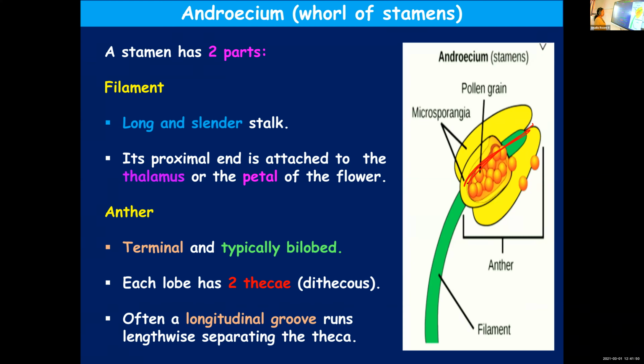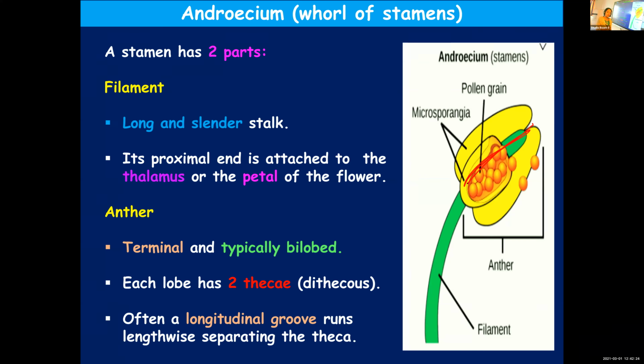Once again, a stamen comes under androecium. Androecium is the male reproductive part of the flower, and androecium consists of a whorl of stamens, and each stamen has two parts, anther and filament. Filament is a long, slender, stalk-like structure, and its proximal end will be either attached to the thalamus or directly to the petal. Then anther you can find at the tip of the filament, and generally it consists of two lobes.